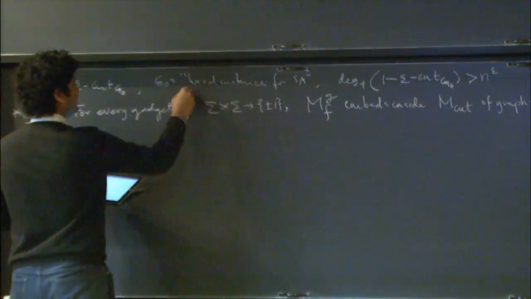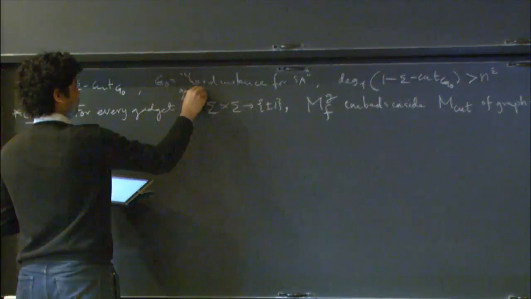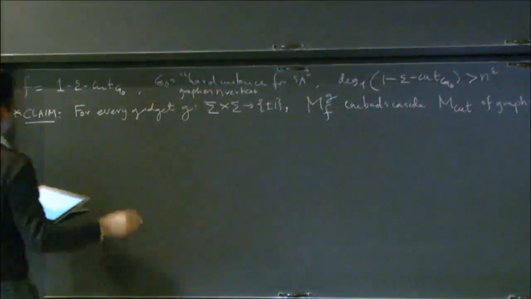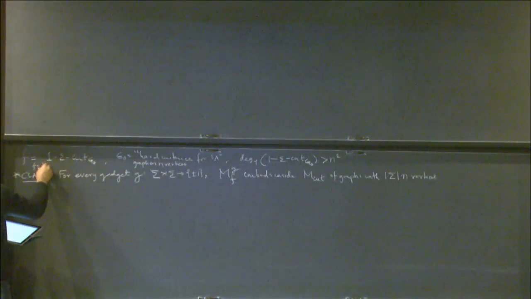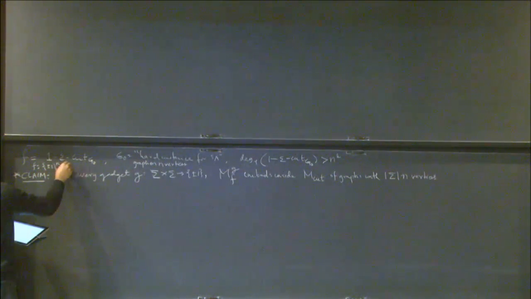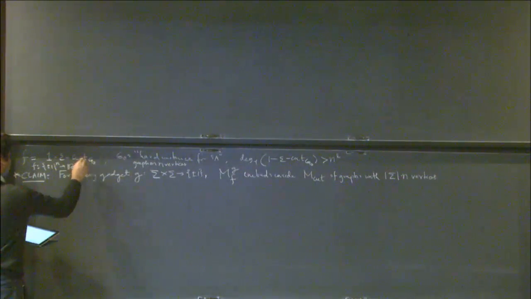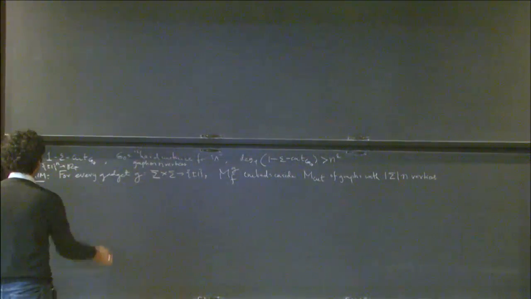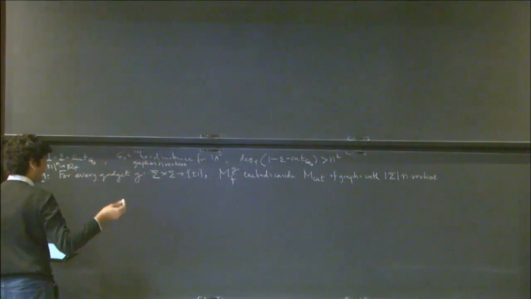Okay, so this G naught is a graph on n vertices. So in particular, this f is a function on plus minus 1 to the n to R plus. So the embedding is really simple.